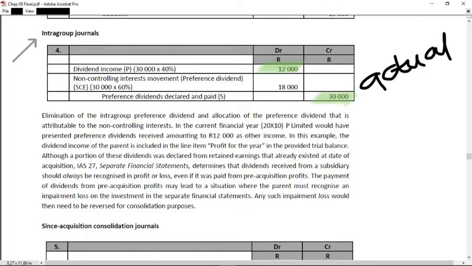That will change the profit of the group, and then your debit movement to non-controlling interest being the 30,000 Rand times 60%. There was no ordinary dividend declared by the subsidiary, so therefore this is the only dividend elimination journal entry for this example.